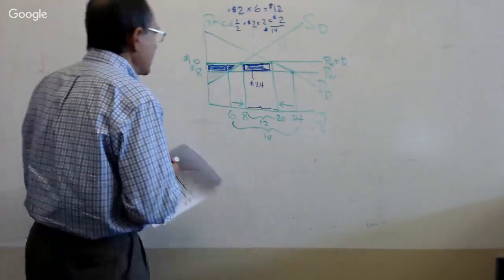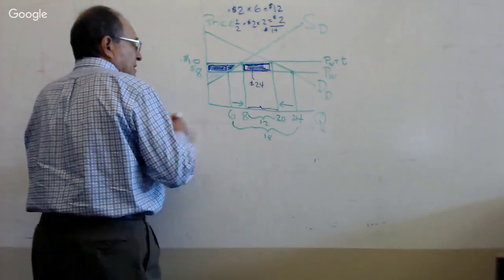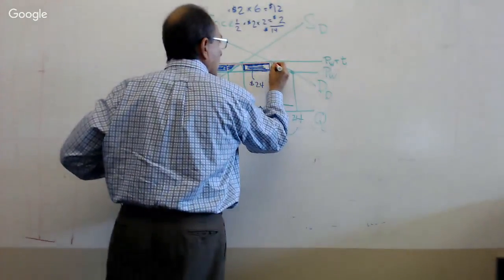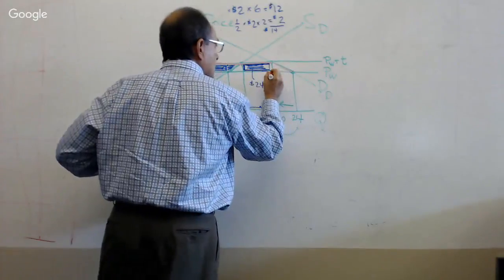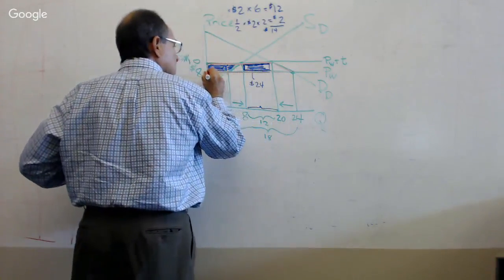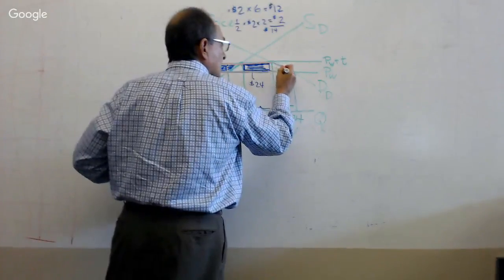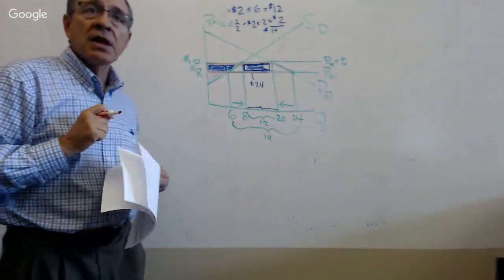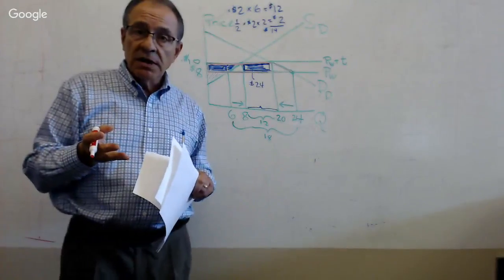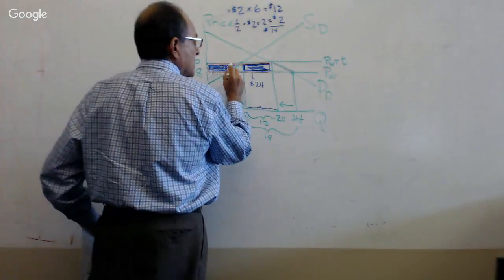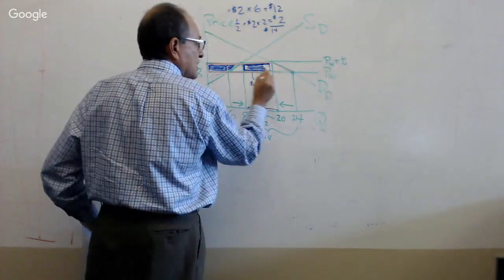I'll use red to outline the loss in consumer surplus. That area is the loss in consumer surplus. So consumers lose that area. Well, can we put a dollar amount on it? Yes, we can. Notice again that this is a rectangle and this is a triangle.